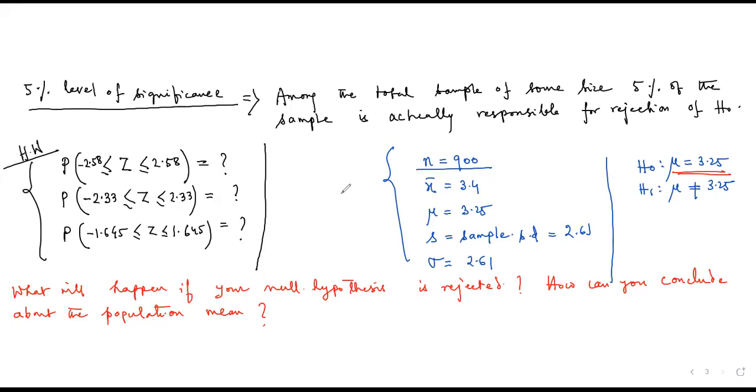We are satisfied, we are happy. But if it gets rejected, do I have to start from scratch and select the sample once again, utilizing my manpower and money? This is a time-taking process. Suppose we do not have much time left. We have to declare something. Then is there any process by which we can get the population mean? The answer is yes.